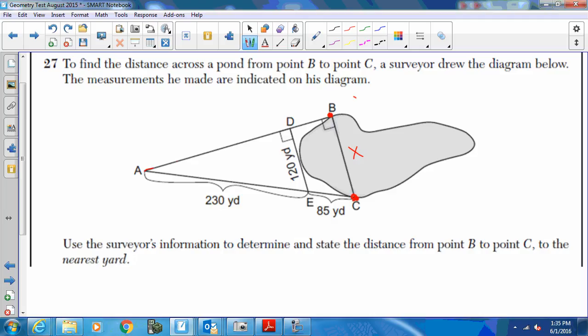We have this triangle, which I'm outlining in red, and then we have another triangle, which I'm going to outline in blue. These are actually similar to one another. So that means we can set up a proportion if we would like. So we have x, this is what we're looking for right here.